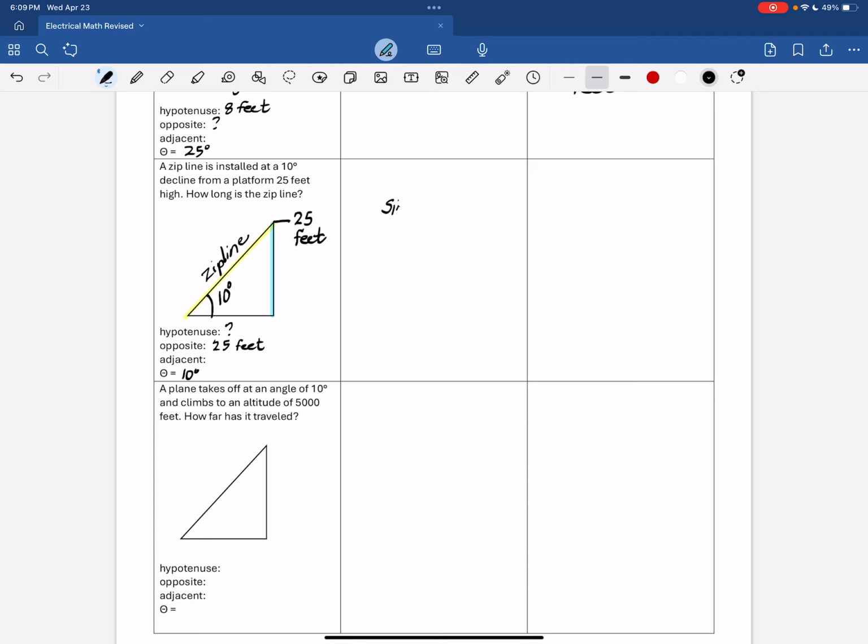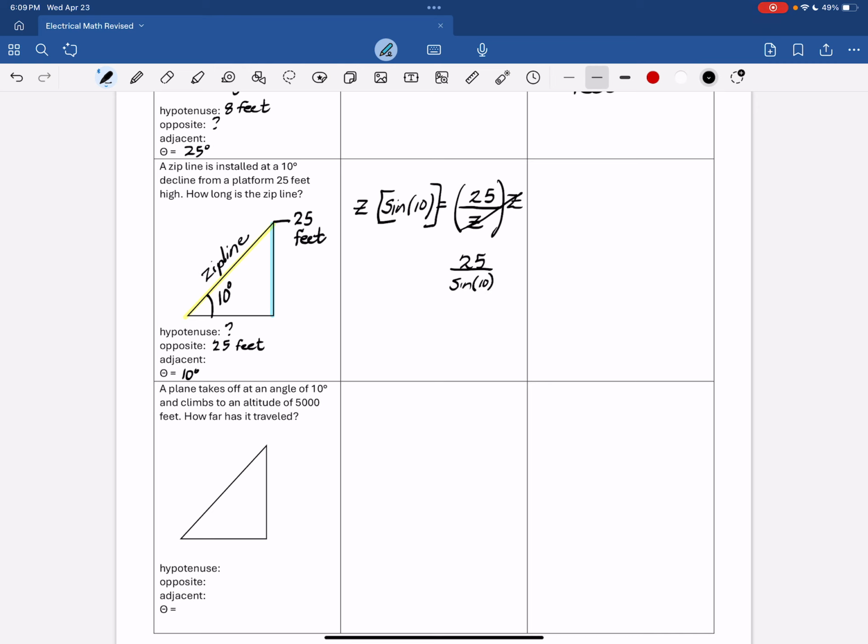So the sine of 10 degrees would be opposite over hypotenuse. So I'm going to multiply both sides by z. So I'm left with 25, and I need to get that sine 10 out of there.